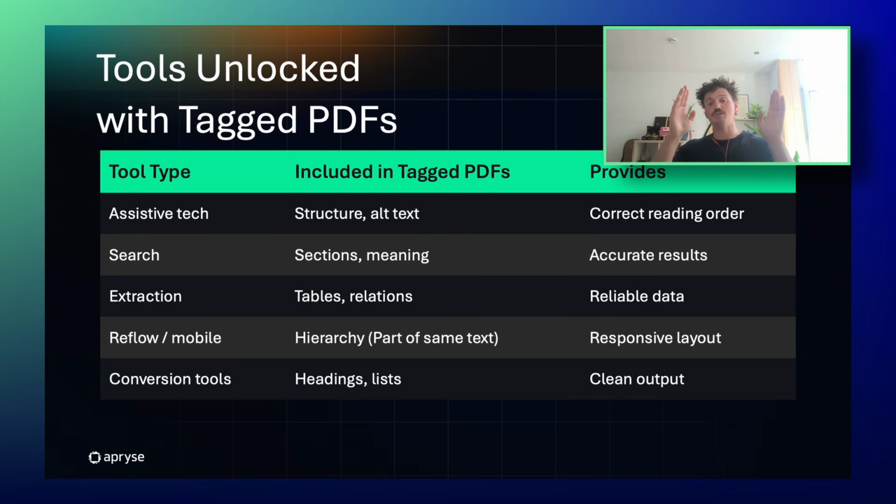Now we can just look into our text structure and see which text is there. This means assistive technology, search, extraction, and all the other things are far easier to implement, because now we have a structured model of the data that we display within our PDF document.